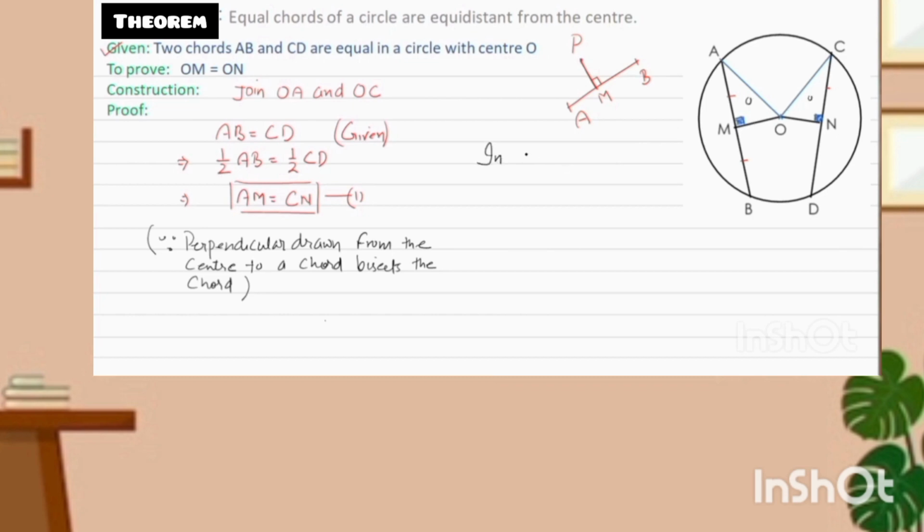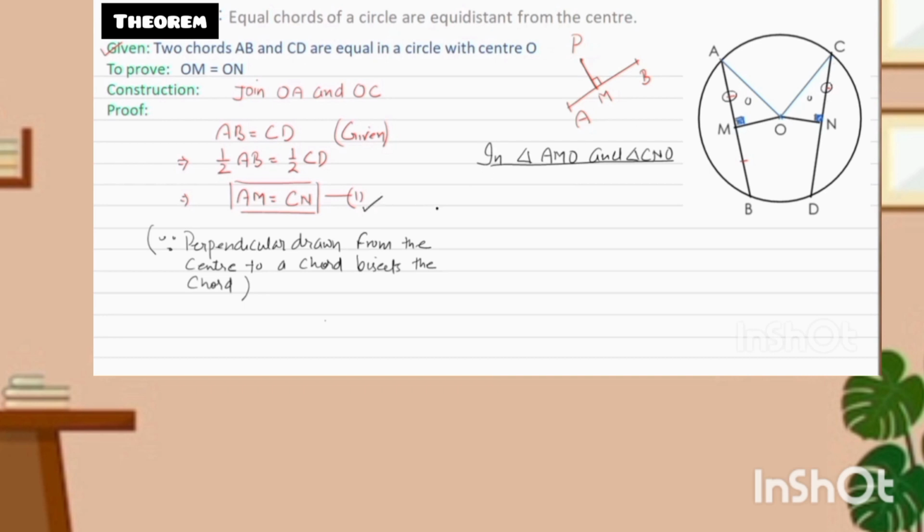Okay, so for that we will take triangle AOM or AMO and triangle CON or CNO. Okay, so in these two triangles, what all things do we know? AM equals CN, isn't it? AM and CN, that we have proved before from equation 1, isn't it?